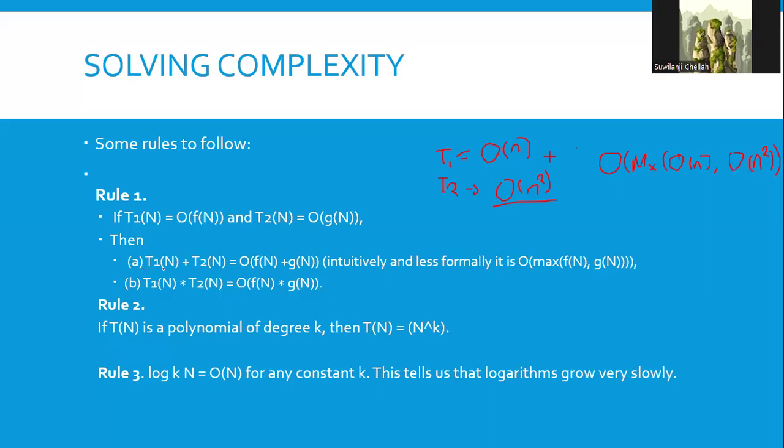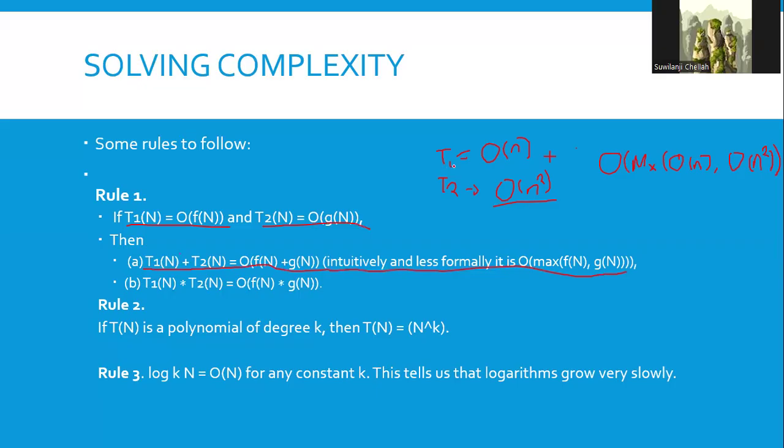Okay, so this might look like a lot of gibberish, and it's kind of confusing. But essentially it means that if you've got a function whose time complexity is equal to that, and another function whose time complexity is equal to that, then when you add the time complexity of algorithm A and the time complexity of algorithm B, we are saying that we get the biggest of them all, and that's going to be our overall time complexity.